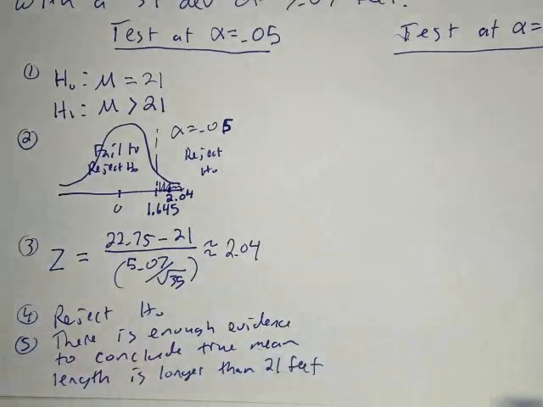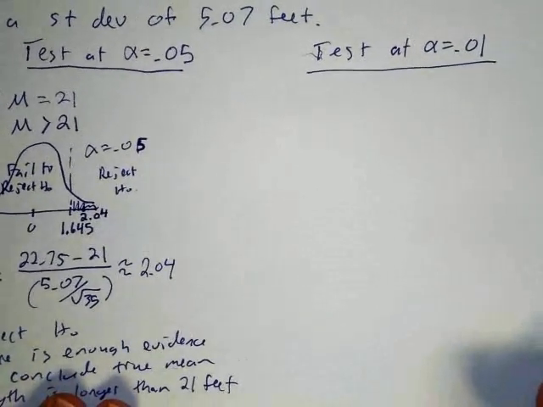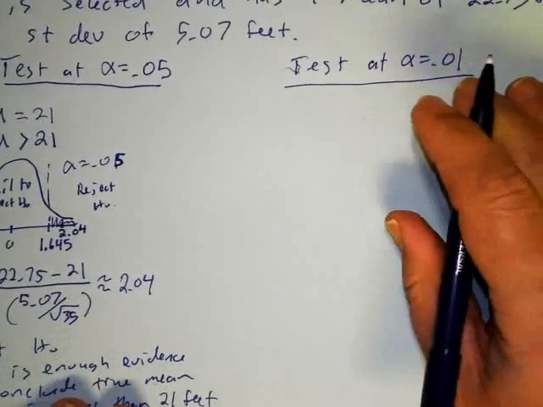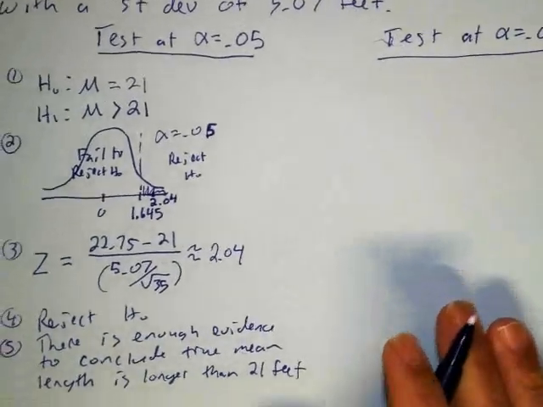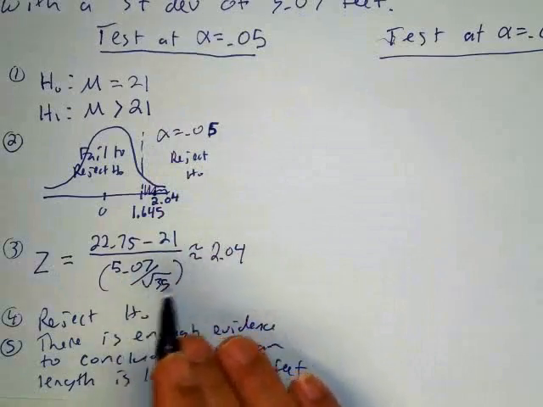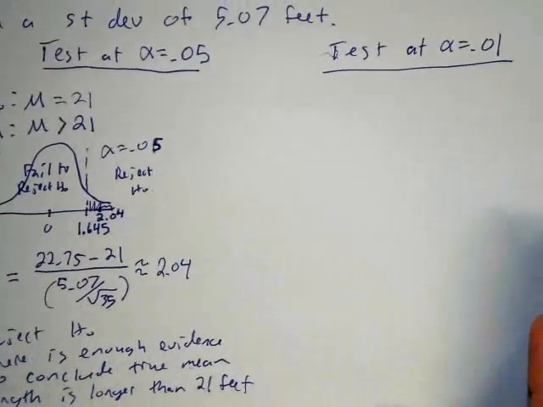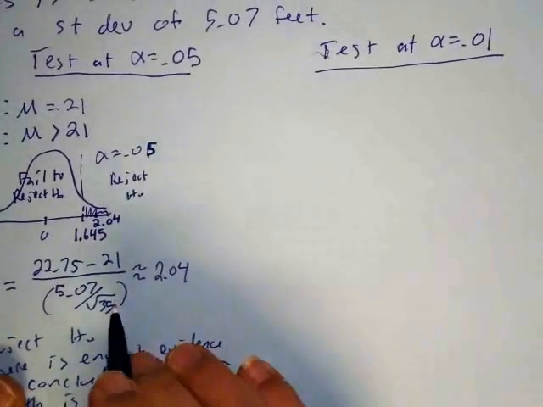Now let's see if it changes if I test this at the 0.01 significance level. When you test at the 0.01 significance level, your hypothesis and your test statistic don't change.